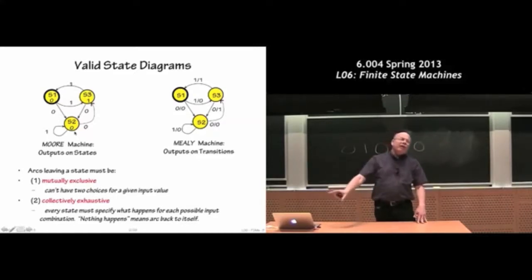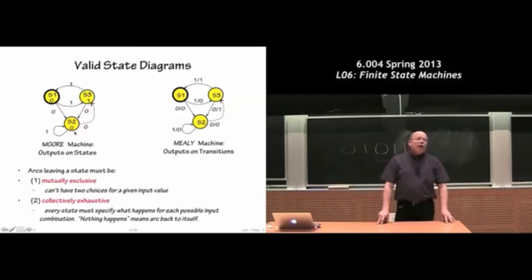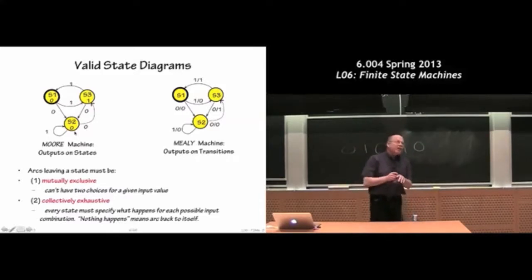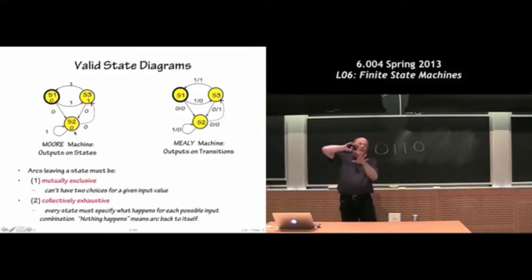It's pretty trivial on a diagram like this, where we have one input and just two labels for the arcs. It gets more complicated when you have a lot of inputs, and you have to make sure that the logic functions of all the inputs that determine whether a transition is the valid one are all mutually exclusive.